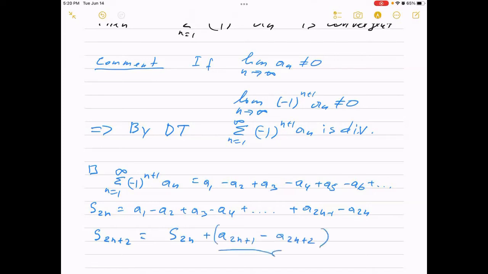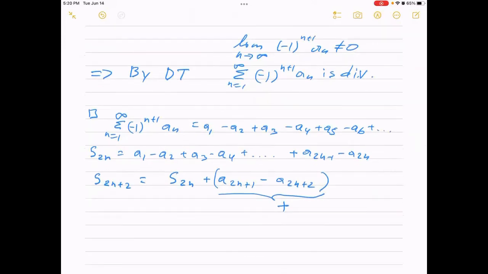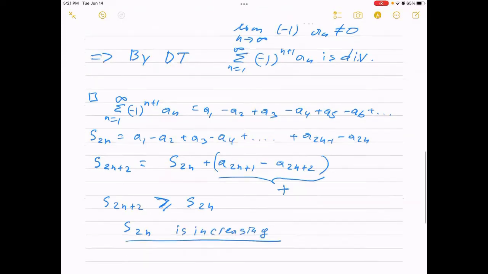Notice that because we assume the terms are decreasing, a_(2n+1) is going to be bigger than a_(2n+2), so that expression will be positive. So we conclude that s_(2n+2) is bigger or equal than s_2n. So the sequence of even partial sums is increasing. That's the first comment which we might make.